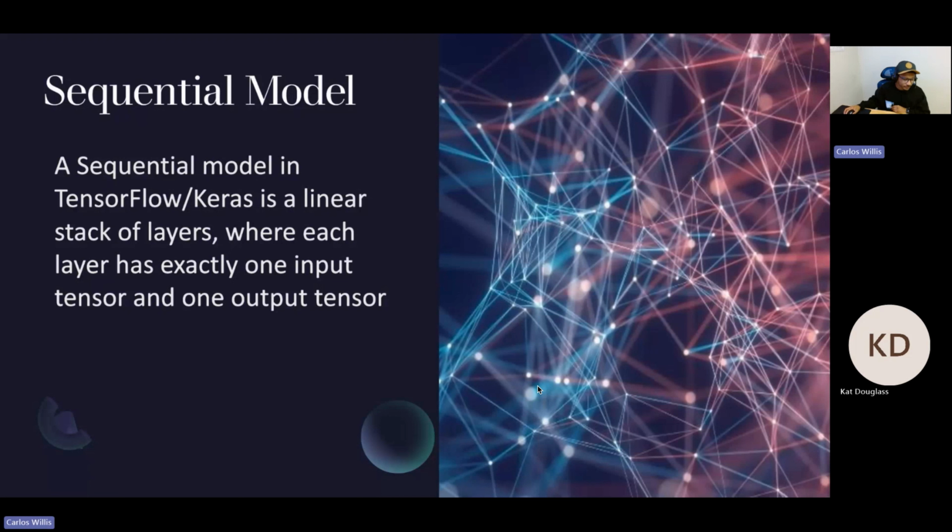Once we defined the model, we compiled it with an optimizer, and there were many different combinations of activators and optimizers that we utilized. I'll just name a few of them.